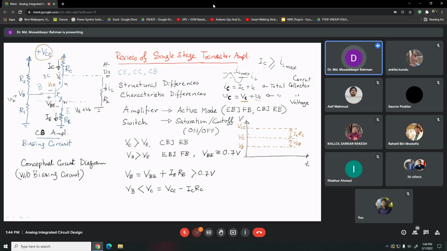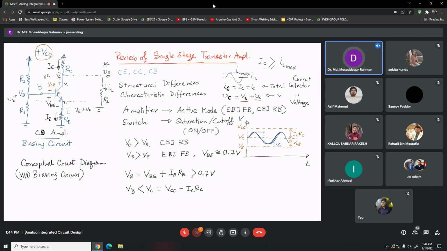So the total collector voltage, when the AC collector voltage is superimposed on the DC, will look like this. That will be our total collector voltage, small v with capital C, showing how it is varying.